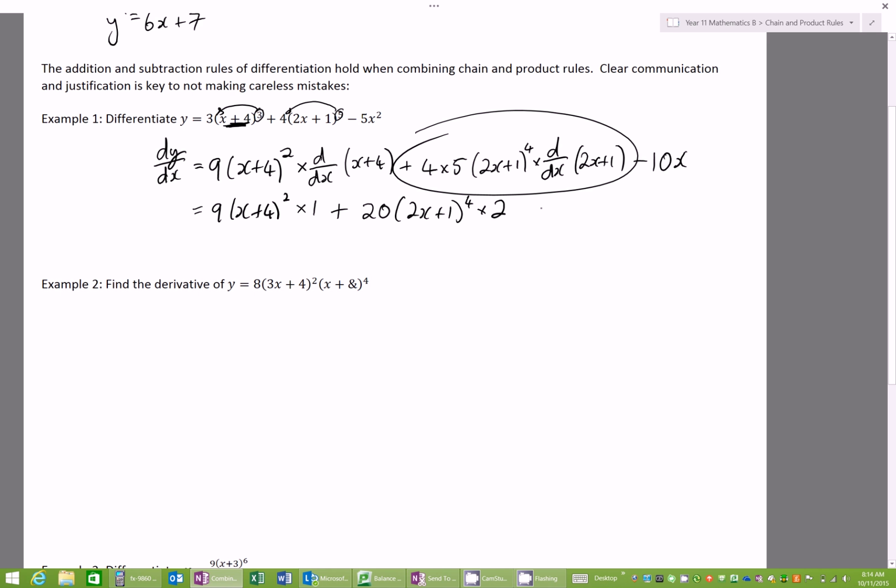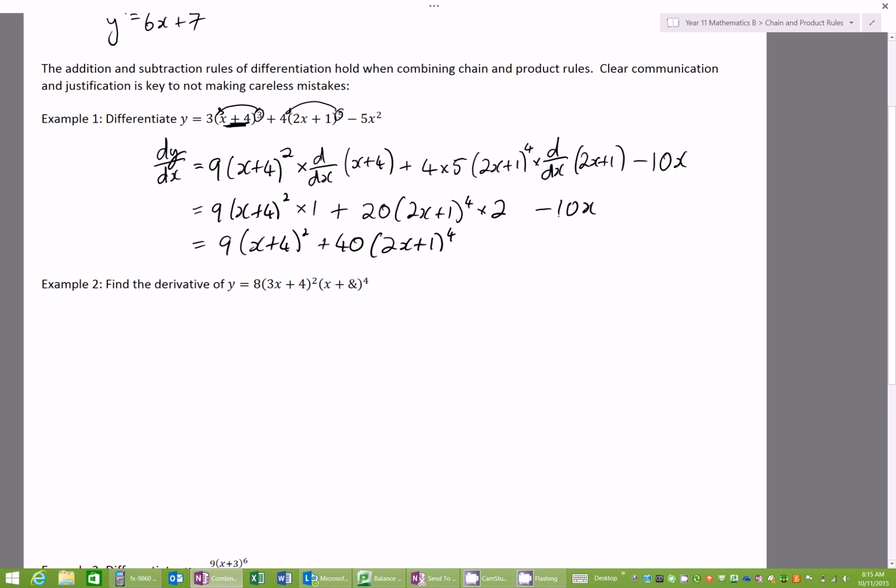And then my minus 10x comes along as well. I can neaten these up a bit. 9 times 1 is 9. 20 times 2 is 40. And my 10x can come along as well. I consider that as simplified as it can get.